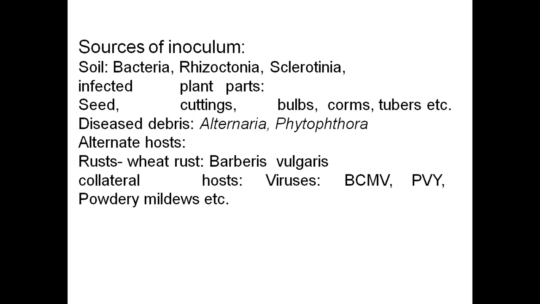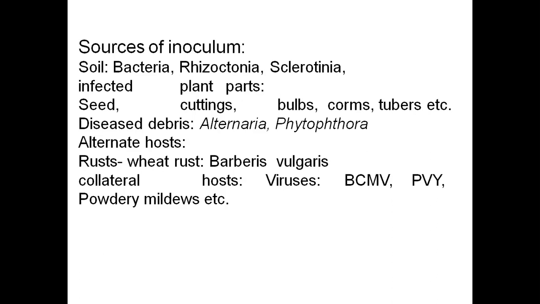Or the pathogens survive on some other host, maybe an alternate host or collateral host, in the absence of the main host, like in case of rust pathogens. The rust pathogens survive on alternate host.